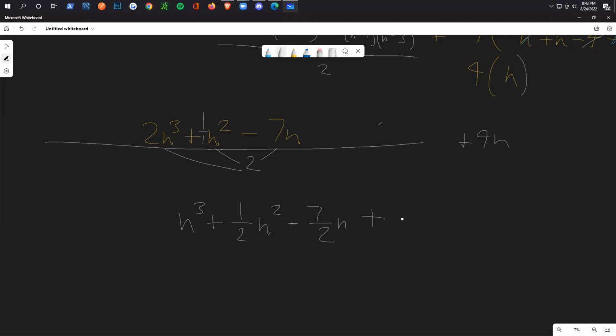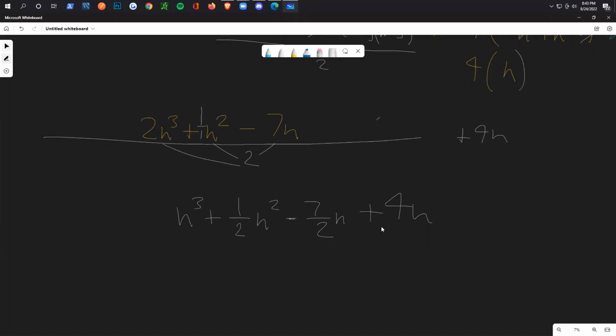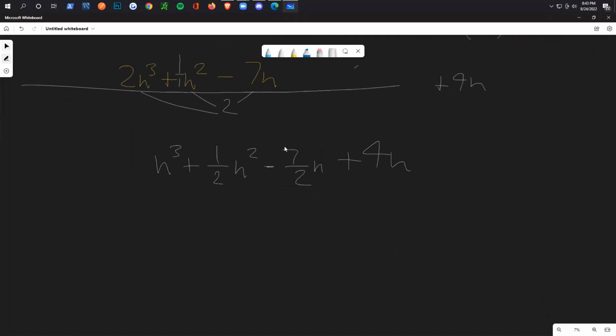And now we have a plus 4n. So we have a bunch of terms in terms of 1/2, and it's easier to turn this into a 1/2. So 4 over 1 times 2 to the 2. Now we have it in terms of denominator 2. So now we're going to have 8 over 2.